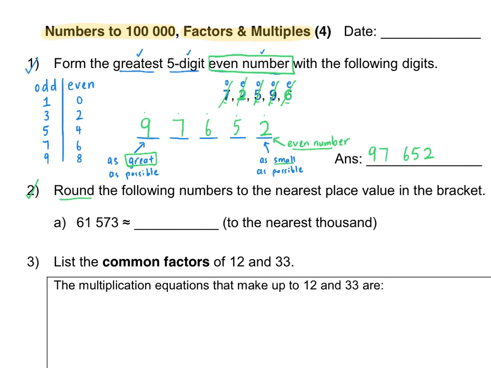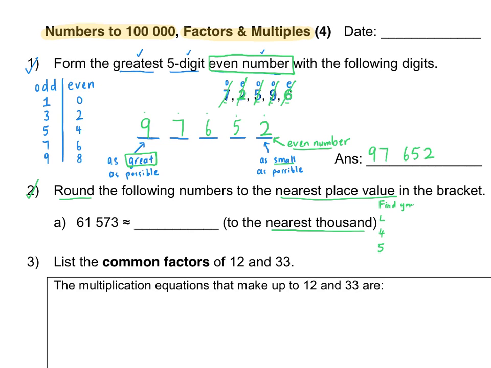Round the following numbers to the nearest place value in the bracket, which is to round to the nearest 1,000. In order to do rounding numbers, we must not forget the poem FL 4 and 5. What does it mean?